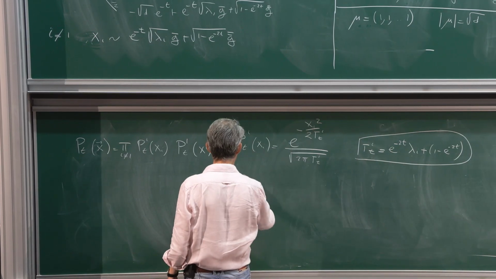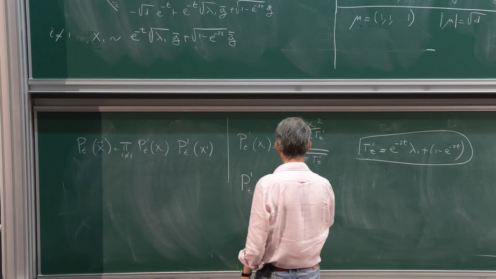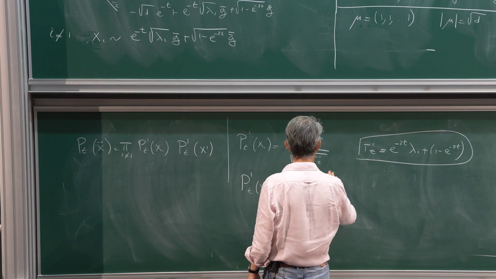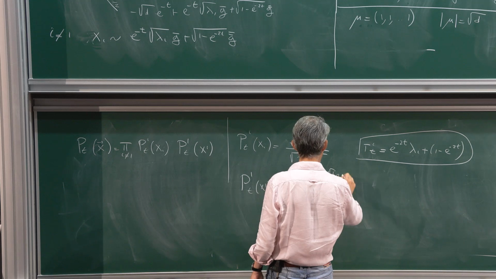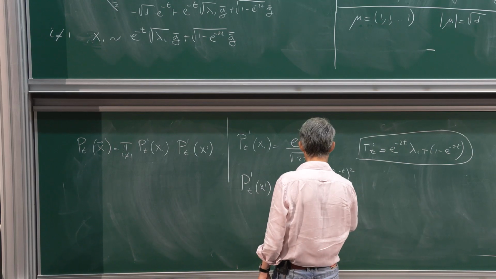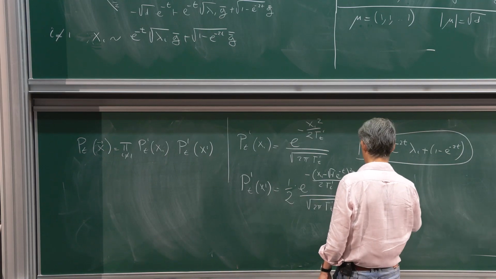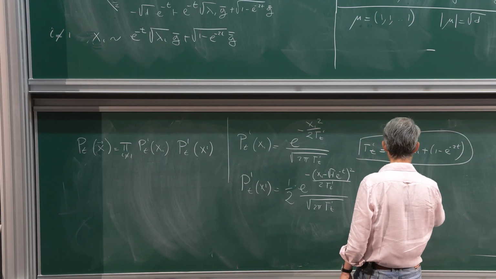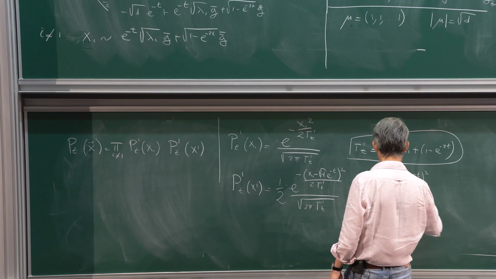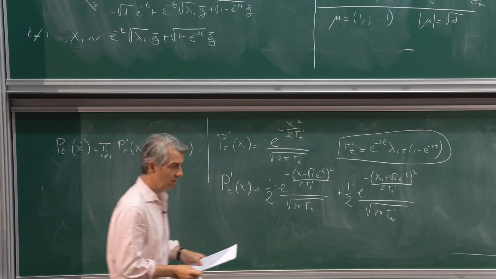And p_1t of x1 is 1/2 of exponential of minus the quantity x1 minus square root of d exponential minus t, squared, divided by 2 gamma_1t, over square root of 2 pi gamma_1t, plus 1/2 of exponential of minus the quantity x1 plus square root of d exponential minus t, squared, divided by 2 gamma_1t, over square root of 2 pi gamma_1t. Easy.